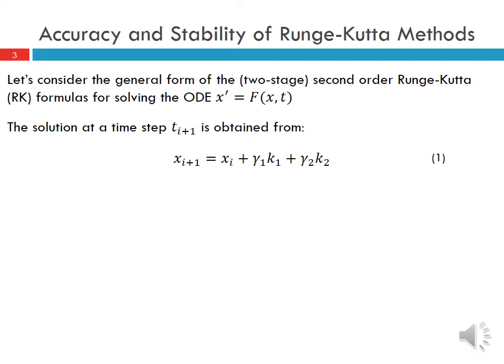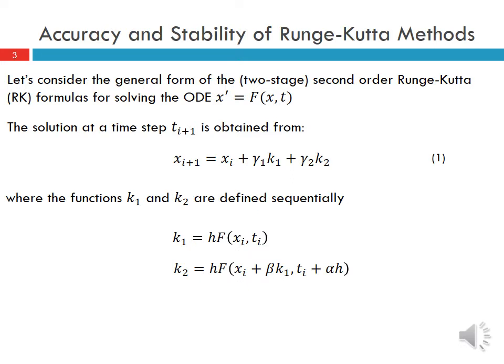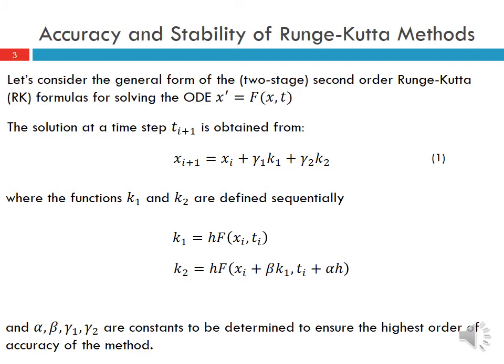The solution at a time step t_i+1 is obtained from the expression shown here: x_i+1 is equal to x_i plus gamma 1 k1 plus gamma 2 k2, where these functions k1 and k2 are defined sequentially. k1 is equal to h times f at x_i, t_i, and k2 is equal to h times f at x_i plus beta k1 and t_i plus alpha h, where alpha, beta, gamma 1, and gamma 2 are constants that can be determined to ensure the highest order of accuracy of the method.